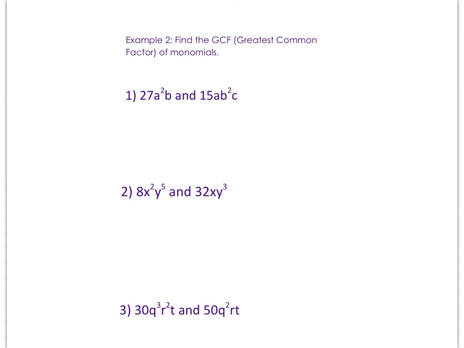So I'm going to go ahead and break down 27, and 27 breaks down into 9 and 3, and 9 breaks down into 3 and 3. So 27a squared b breaks down into 3 times 3 times 3, it's actually 3 threes, times a times a times b.